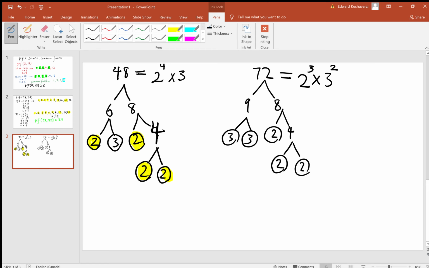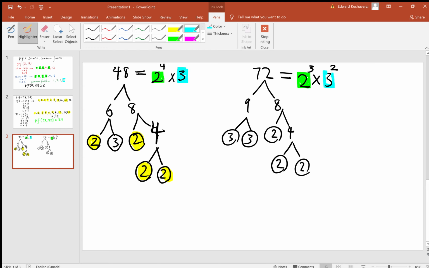Now, this is how we determine the greatest common factor. First, we cross out bases that are not in common, but we don't have such thing here because we have base of 2 here. We also have it here. We have the base of 3 here.